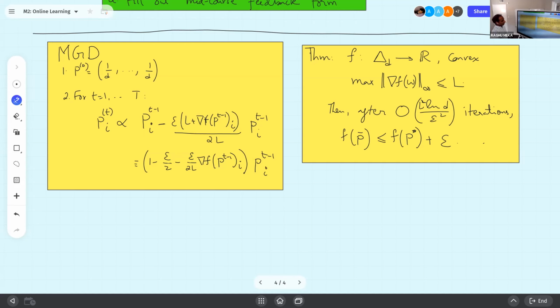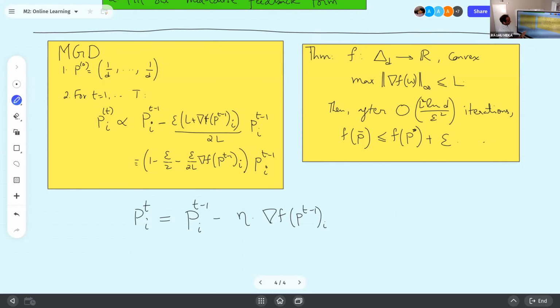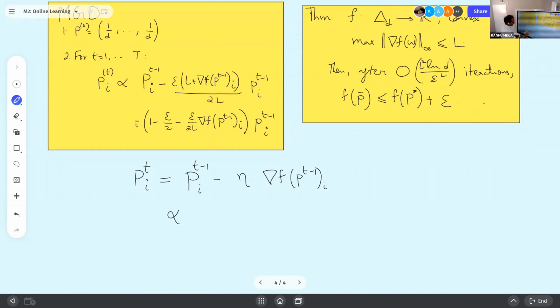The algorithm was a bit mysterious, but I think actually it's not. I made it a bit more mysterious than it should have been. When we do gradient descent, the update looks something like this: minus some step size times gradient. The main idea here is that instead of doing this, you do some kind of multiplicative update.